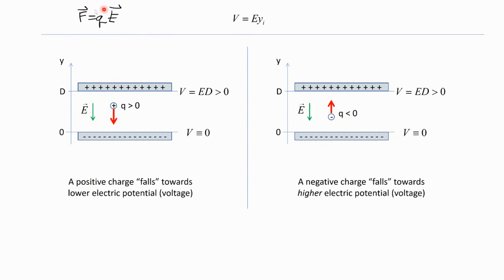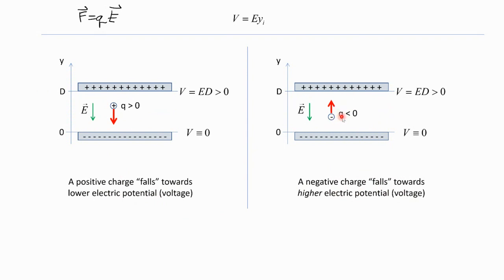Okay. So that's true. And what I want to point out is that the way things are set up here, the upper plate is at higher voltage in both cases, because that's a property of a location in space. So positive charges fall, spontaneously want to move towards lower electric potential, lower voltages. And negative charges spontaneously want to move towards higher voltages.